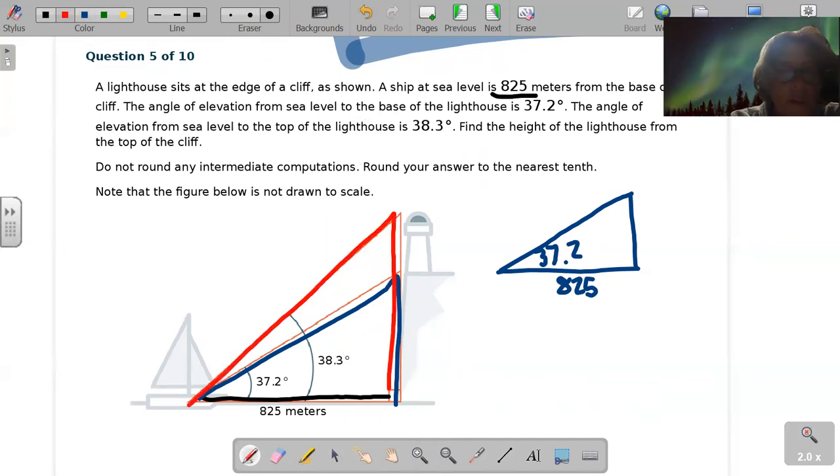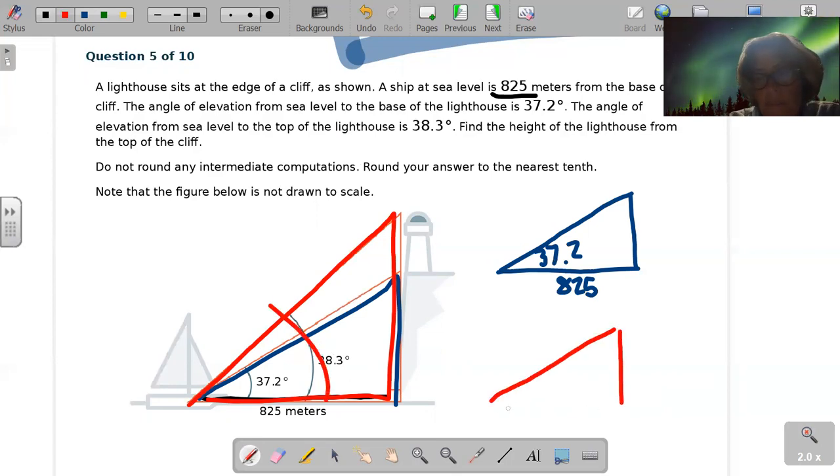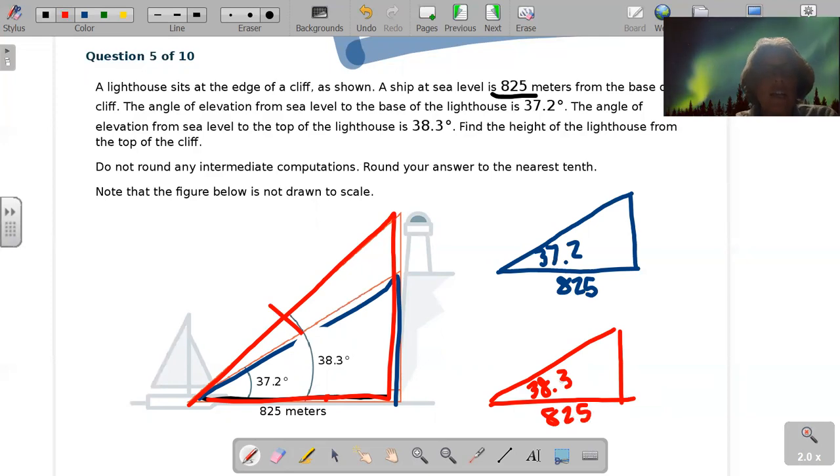And then to the top of the lighthouse is 38.3, this is 825, and it's asking, find the height of the lighthouse from the top of the cliff. So it's asking for this difference.